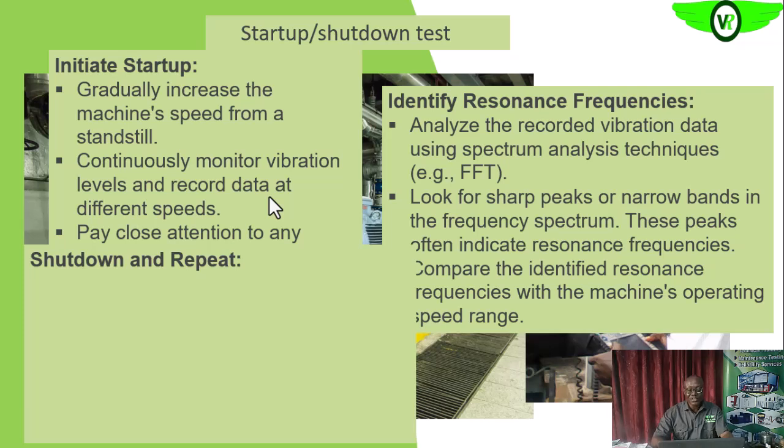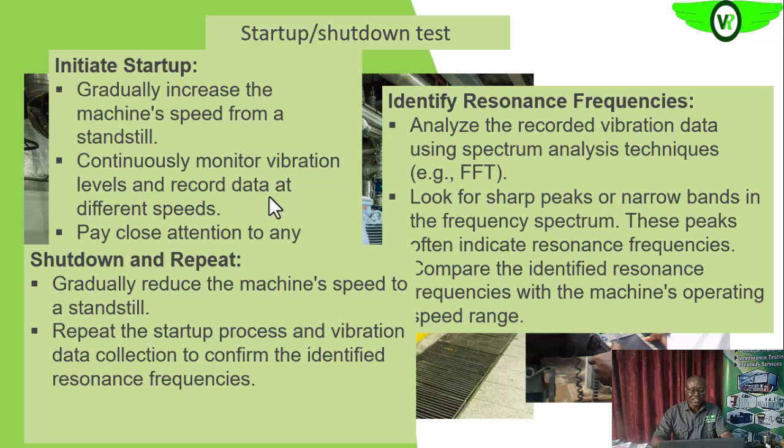Then you repeat the process while you are shutting down. You shut down the equipment, and as the equipment is coasting down and its speed is reducing, you collect the vibration information to see how the vibration is coasting down, and also to look if you see any form of peak as it's coasting down.